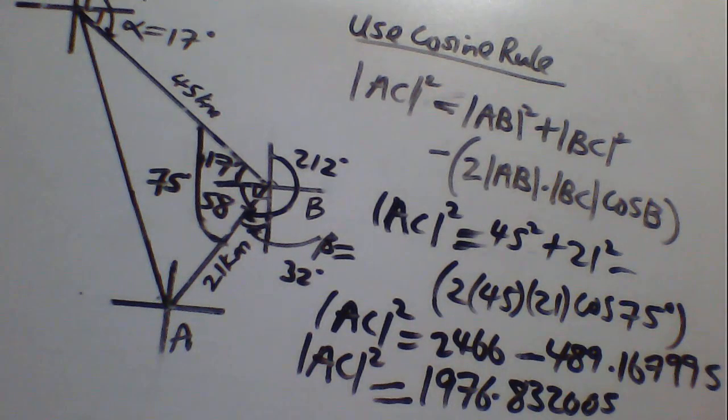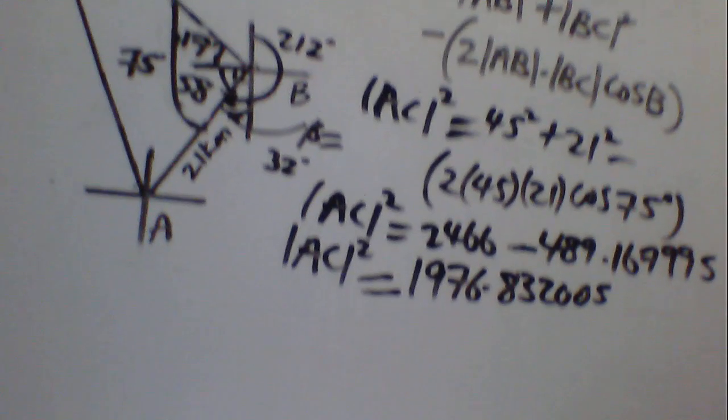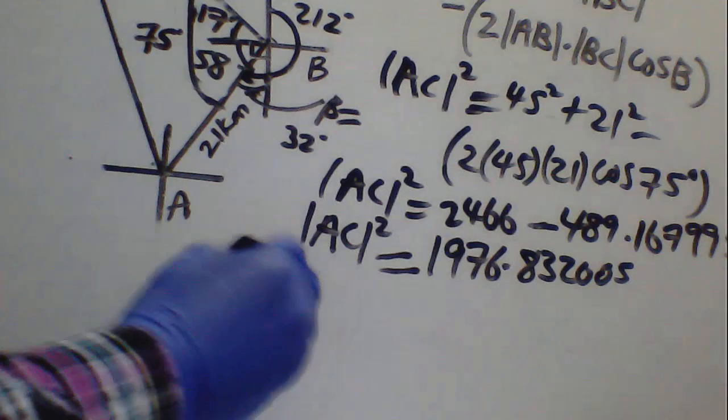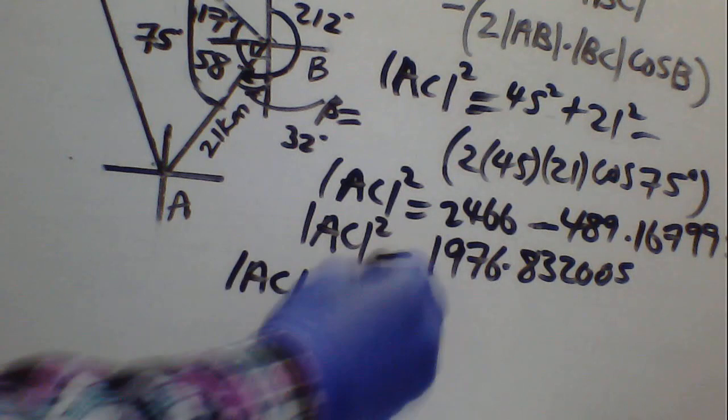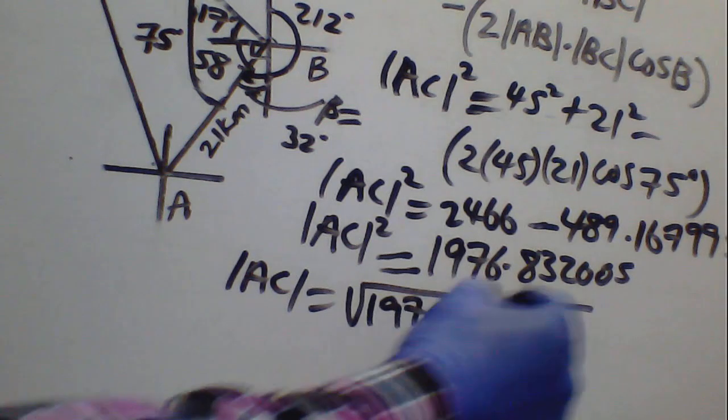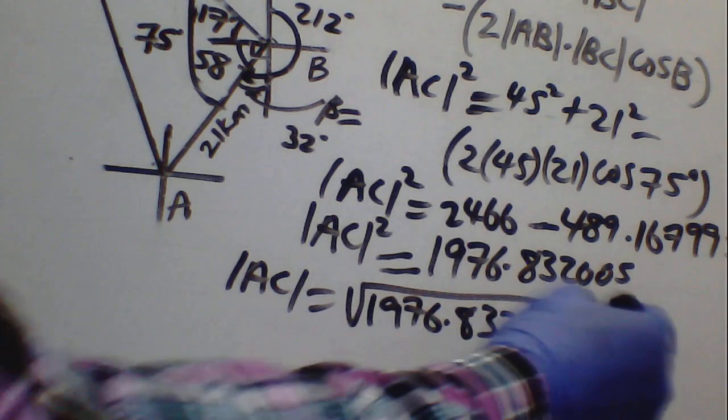The next thing is to find the square root of both sides of the equation. You now have AC to be equals to the square root of 1976.832005.